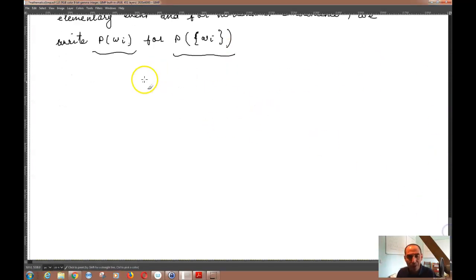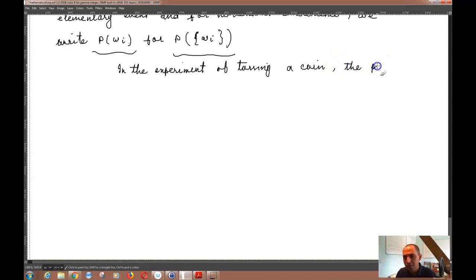So in the experiment of tossing a coin, the probability of each outcome, heads or tails, would be 1/2.